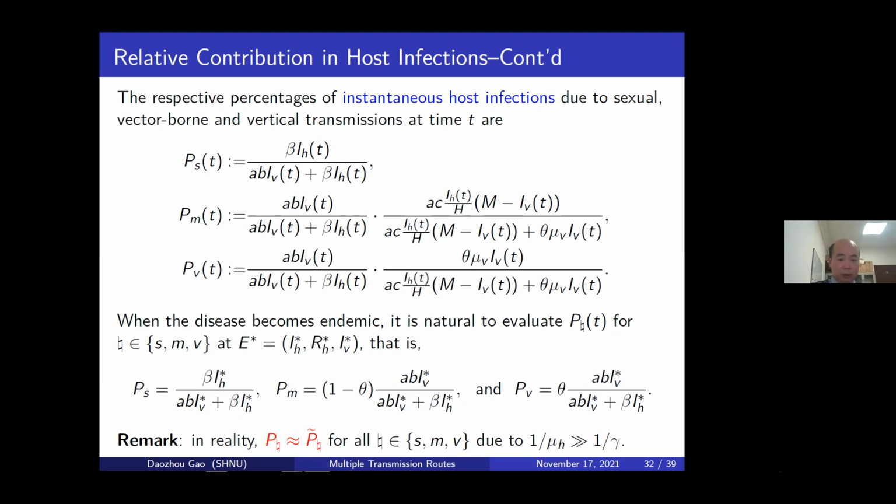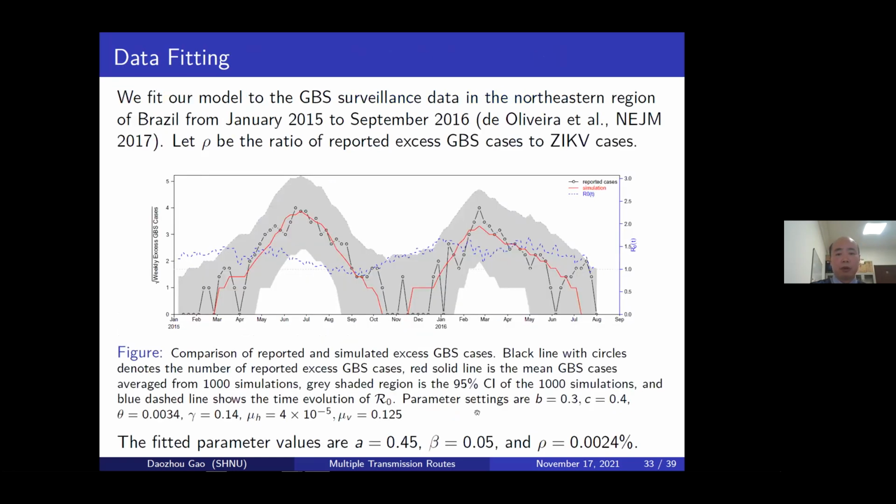Okay, so then we do some data fitting. But due to the lack of high quality Zika case data, we fit our model to the GBS surveillance data in the northeastern region of Brazil, because there's a strong correlation between excess GBS cases and Zika infections.